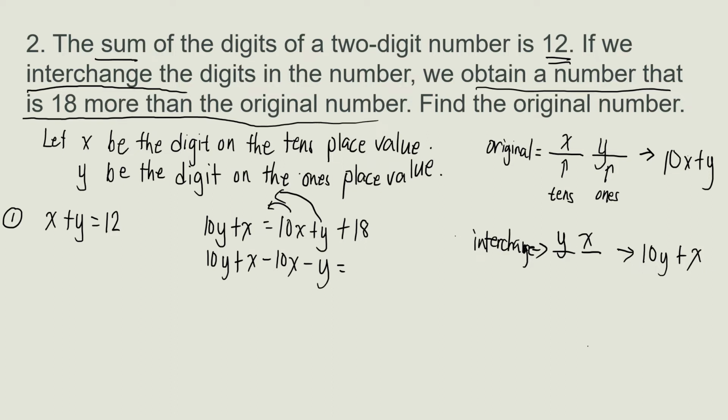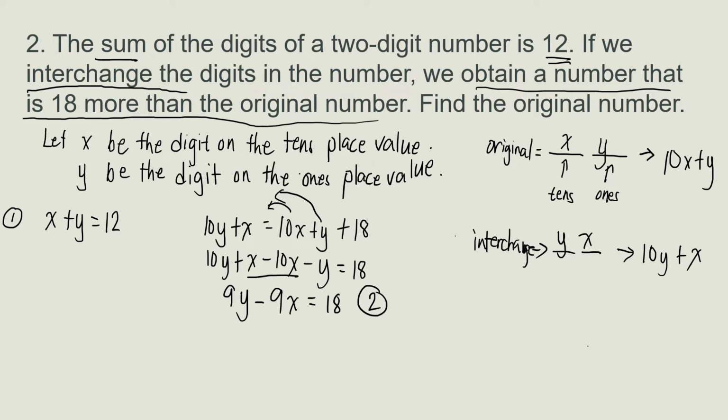Then let's leave the constant on the right side, is equal to 18. Combining like terms, you will have 10y minus y, that is 9y. And then you have x minus 10x is negative 9x, is equal to 18. So this is your second equation.